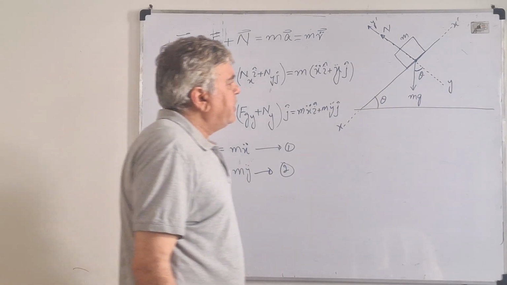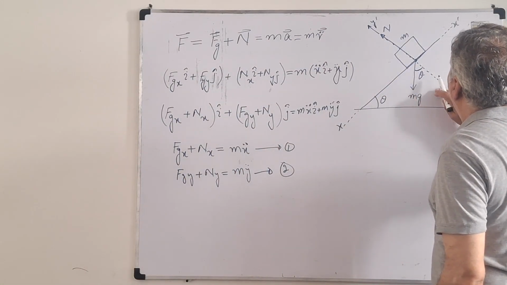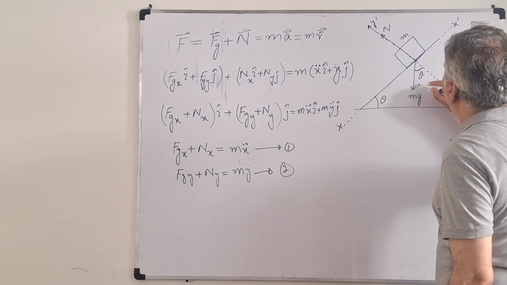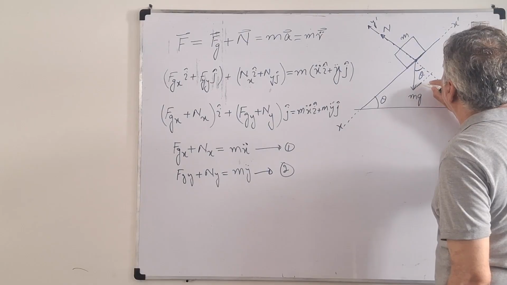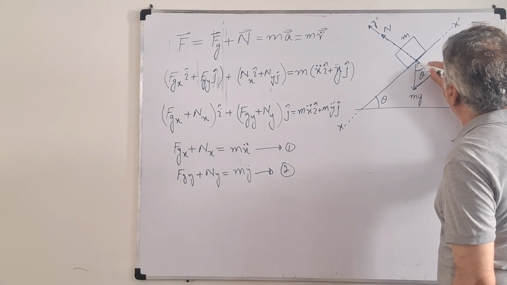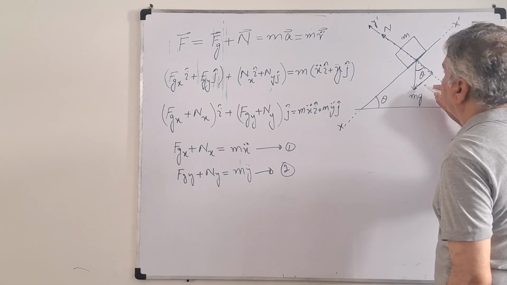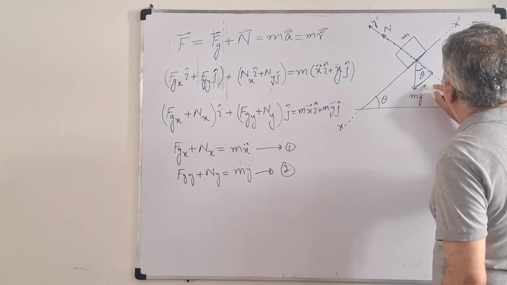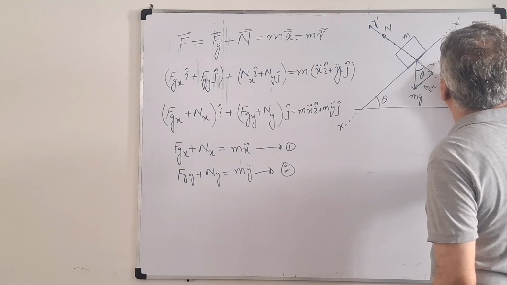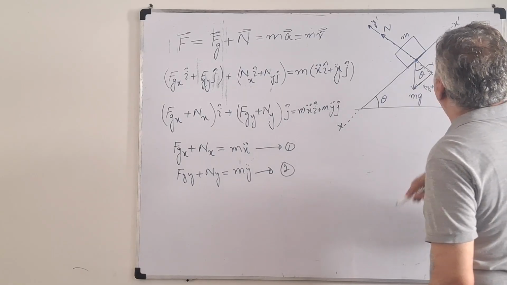So for that, what I do, I resolve this force along the x and y axes. That I can do by dropping a perpendicular on the y-axis, right? So this component is parallel to the x-axis, therefore that gives me Fgx, and this one is parallel to the y-axis, this gives me Fgy.